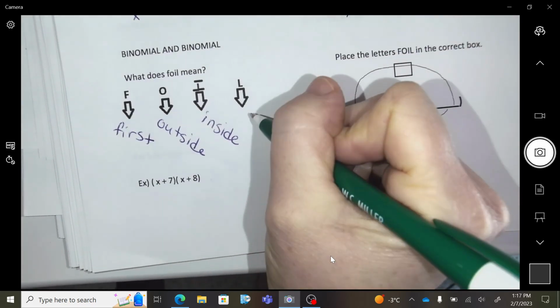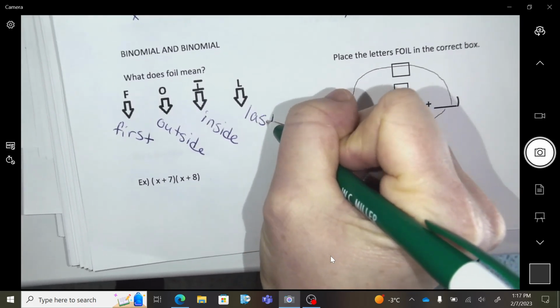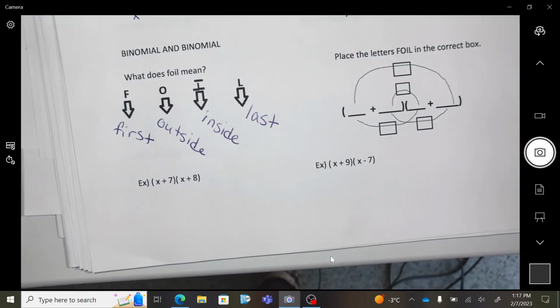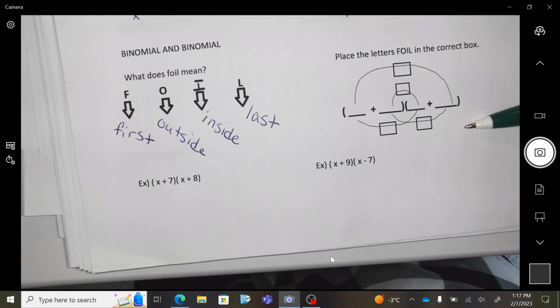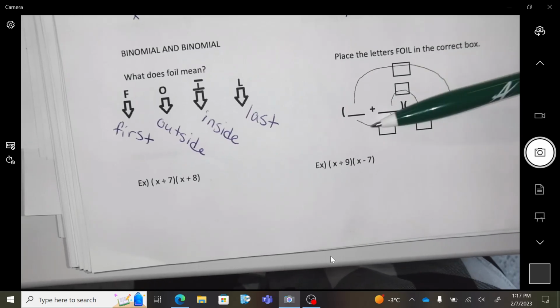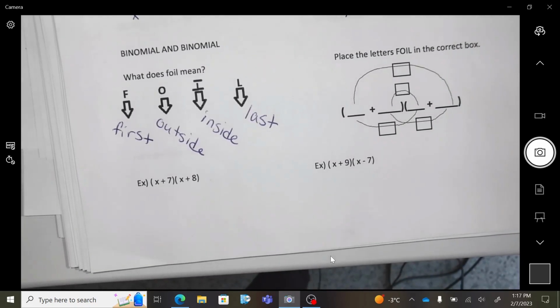And then last. Okay, now this is me drawing it out. And inside each of these boxes, we're going to put the letters in the right spots. The F, the O, the I, and the L.